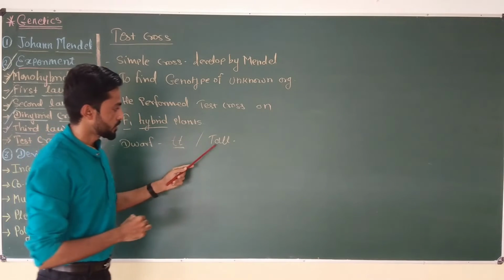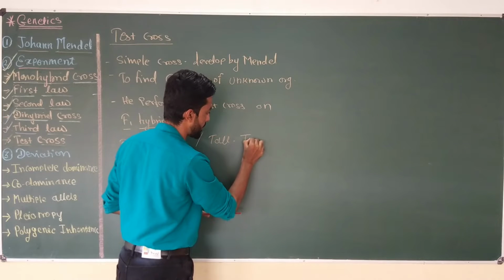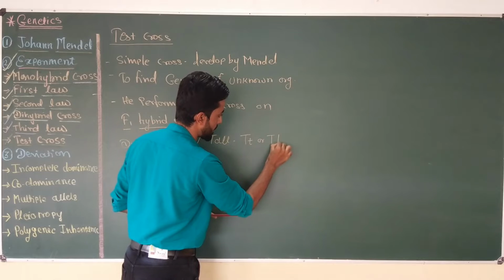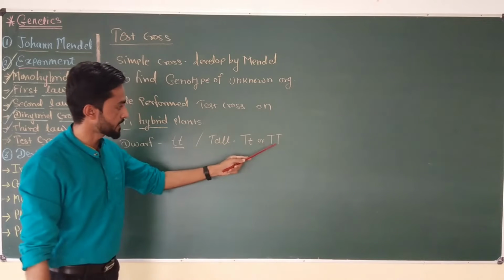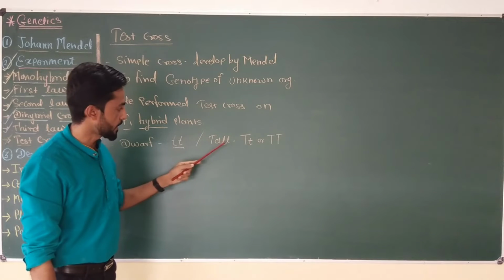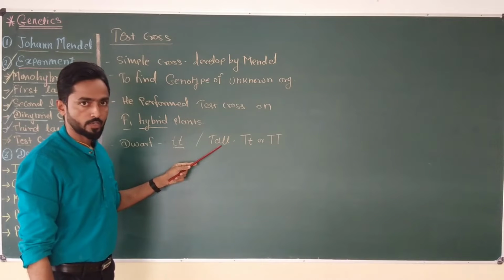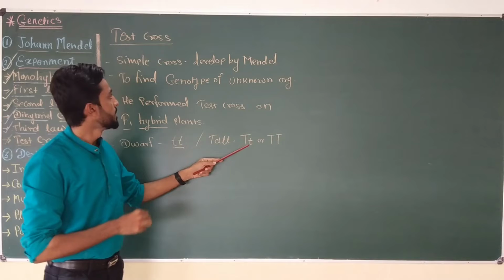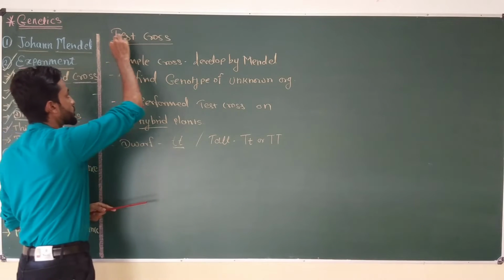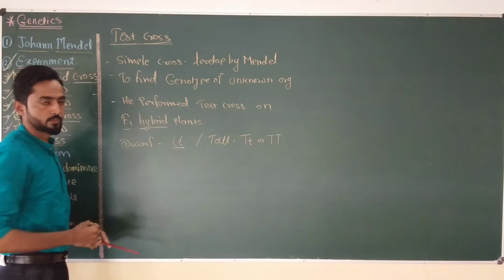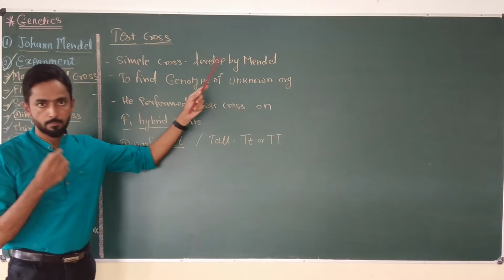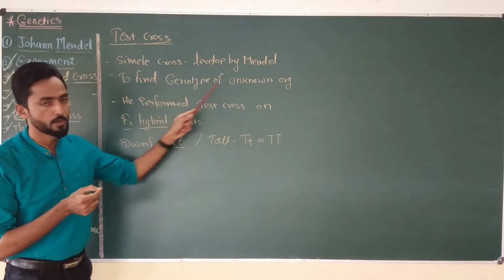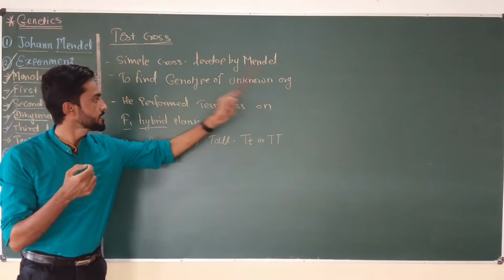because a tall plant may have genotype capital T, small t, or capital T, because both these types of genotype produce phenotype tall. Okay, and this is going to create a problem, and to solve this puzzle Mendel developed test cross. Okay, so it is the simple cross developed by Mendel, and the main aim of the cross is to find out the genotype of unknown plant or unknown organism.